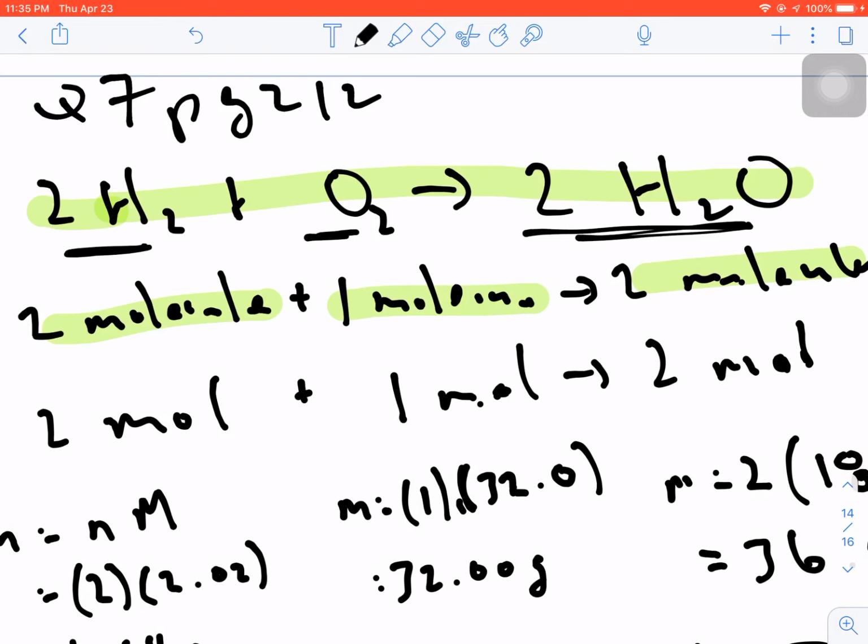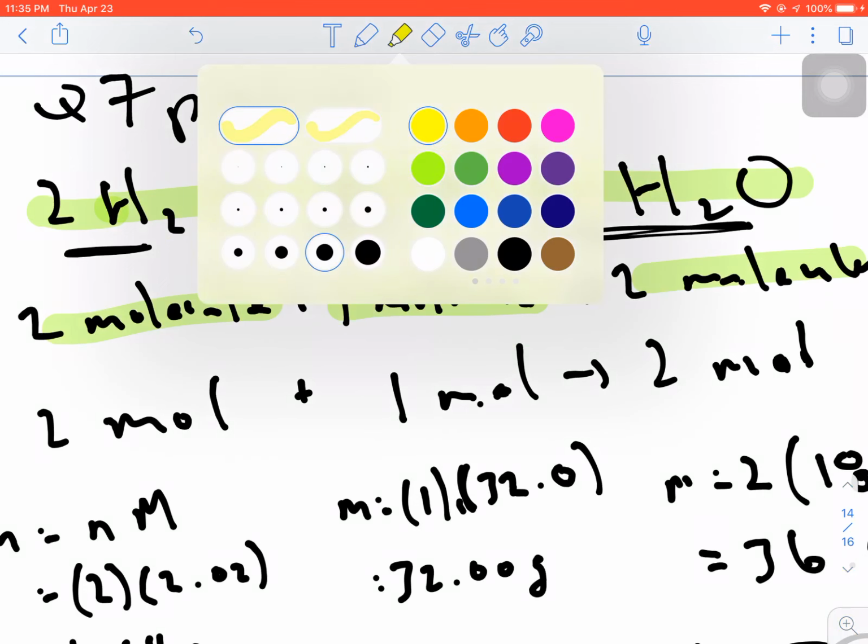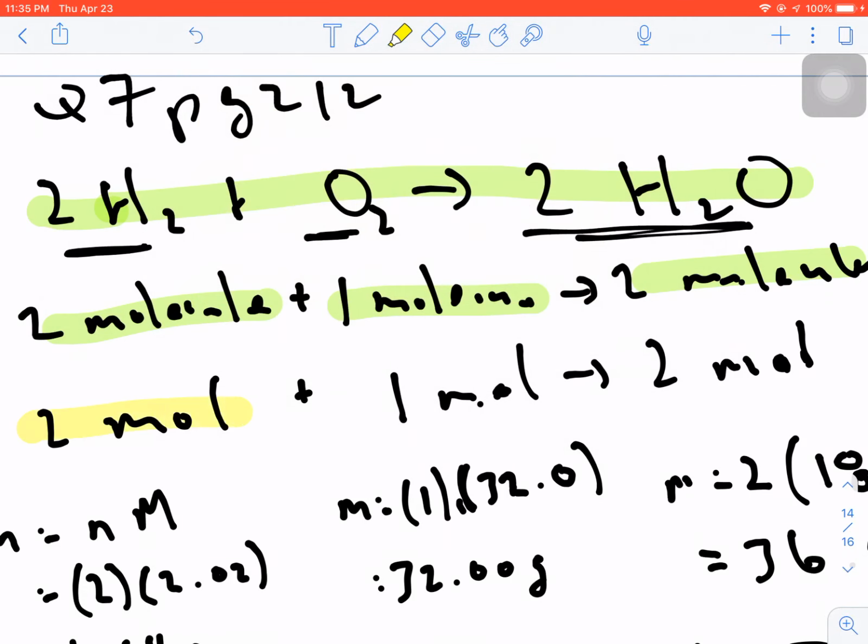It also can be used to tell me about moles. So I can now say that 2 moles of H2 gas can react with 1 mole of oxygen gas to make 2 moles of water.